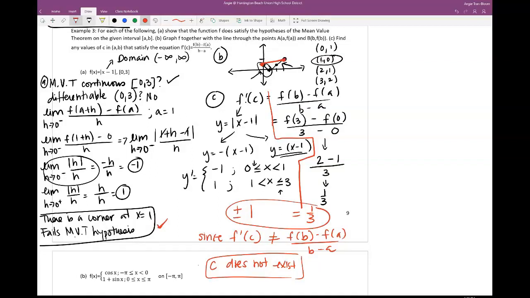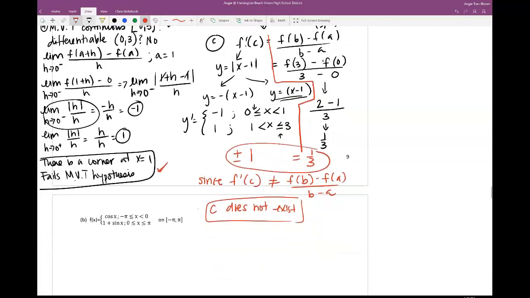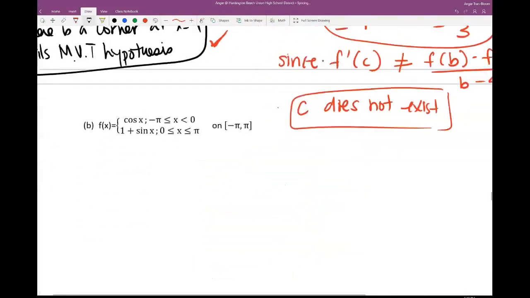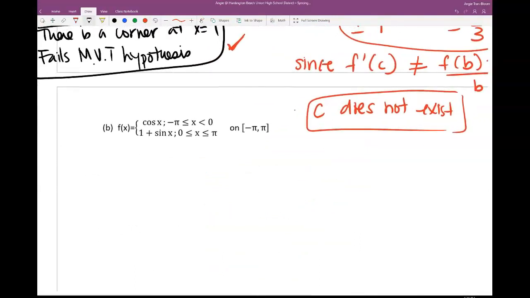All right, let's move on to B. Piecewise with cosine and sine. Okay, part A. It wants you to tell me about the mean value theorem. The mean value theorem says it needs to be continuous on this interval, negative pi all the way to pi.